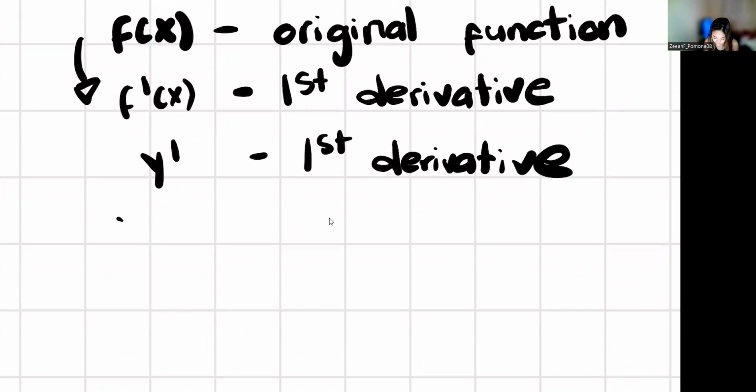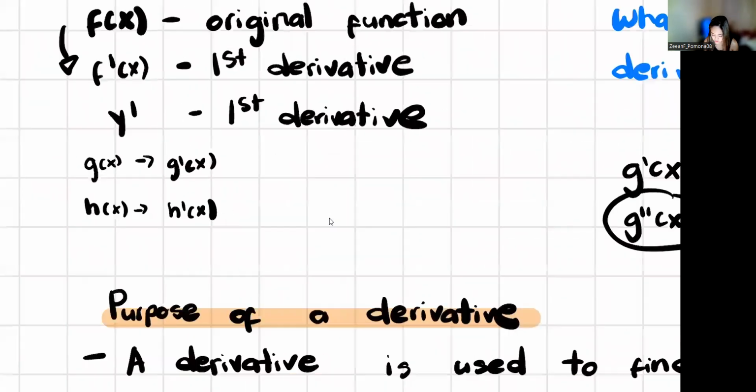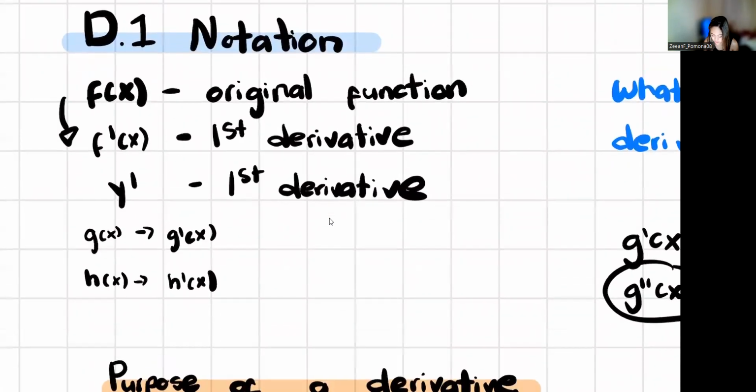So you could have g of x, and they're going to ask for g prime, the first derivative. And then they could also ask what's h of x and what is its derivative, h prime of x. So these are just the different ways.